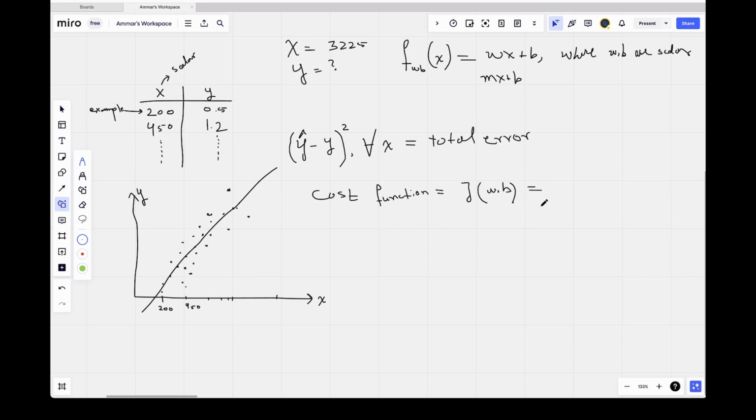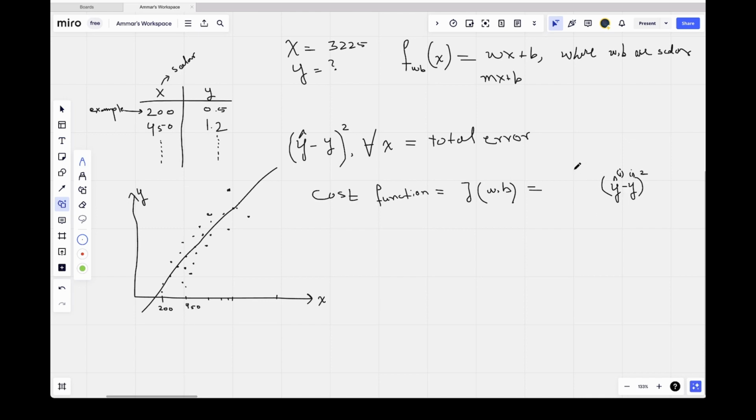right? J of W and B, which is equal to, so we know how to compute an error between individual points. So let's say we're dealing with the ith example. So this is y hat superscript i and y superscript i, right?